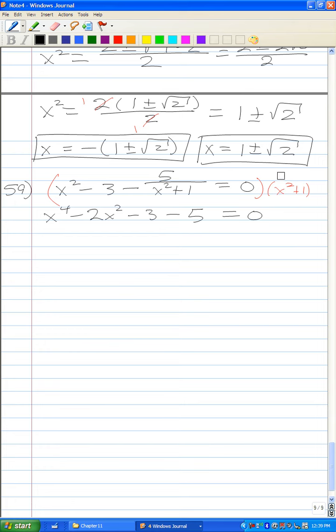So I have here x to the fourth plus x squared minus 3x squared is a negative 2x squared minus 3. Combine like terms, so I get x to the fourth minus 2x squared minus 8 equals 0. Let's try to factor this. Bring down the minus. Minus times minus is plus. I want two whole numbers whose product is 8 and whose difference is 2: 4 and 2.